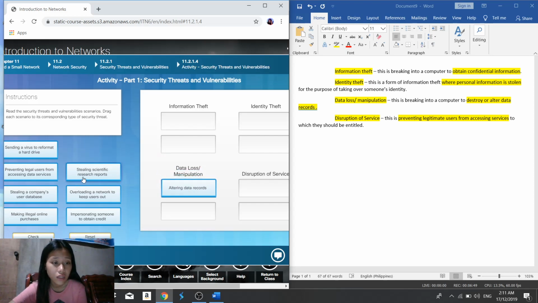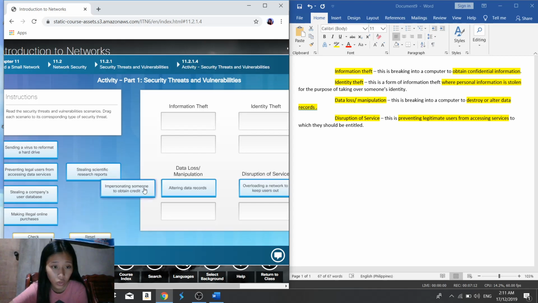Stealing research reports, and stealing a company's user base, is information theft. Impersonating someone to obtain credit and making illegal online purchases is identity theft, of course.